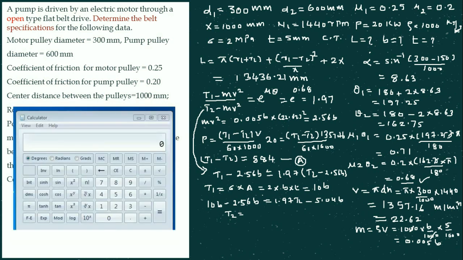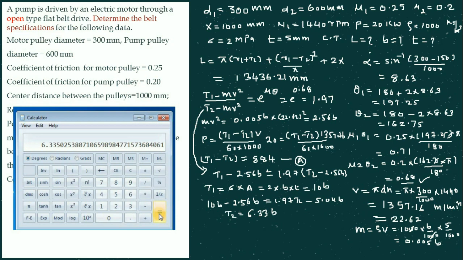Let's calculate this one: 10 minus 2.56 B and plus 5.04 B, and the whole thing is divided by 1.97. So this comes out to be 6.33 B.